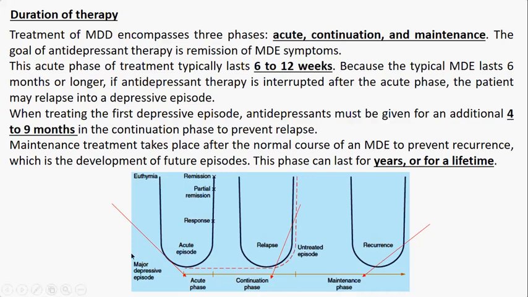First we start with the acute phase of the treatment, which typically lasts for 6 to 12 weeks. Because a typical major depressive episode lasts 6 months or longer, if the antidepressant therapy is interrupted after the acute phase, the patient may relapse into a depressive episode.